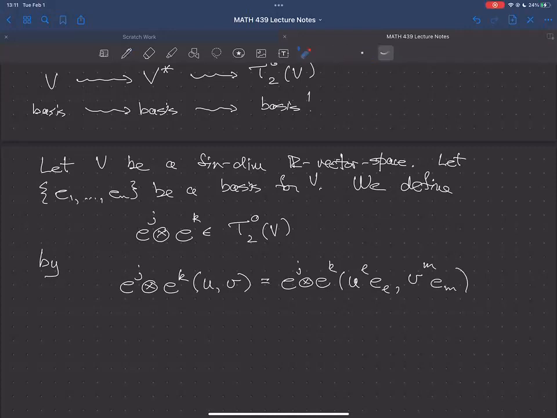As with all of this, we're using the summation convention, and I'm not allowed to use J or K here, because those are free. They're free on this side of the equation, and they must remain free on this side. So when I introduce U as a linear combination of the basis vectors, I have to use a summation index, and I used L, which is not J or K. And similarly, when I introduce an index for V, I can't use J, K, or L. So I used M.